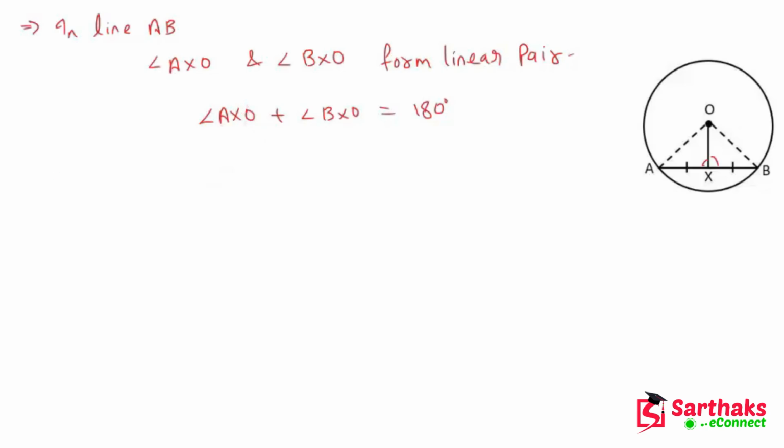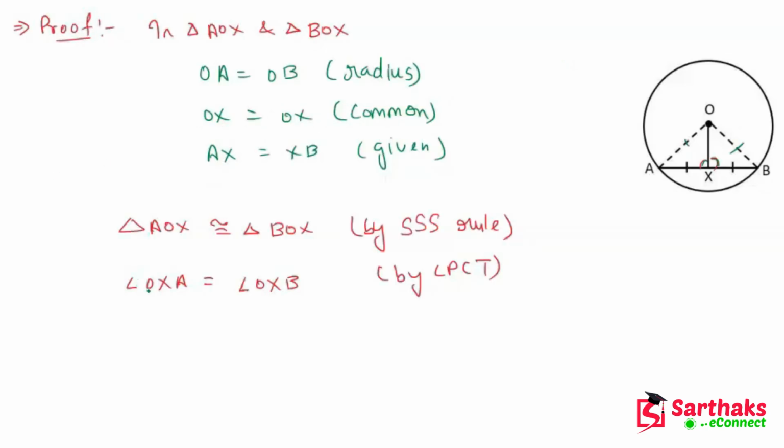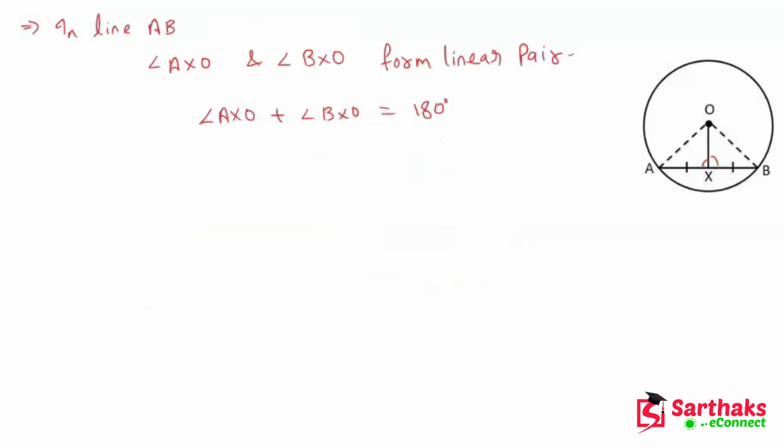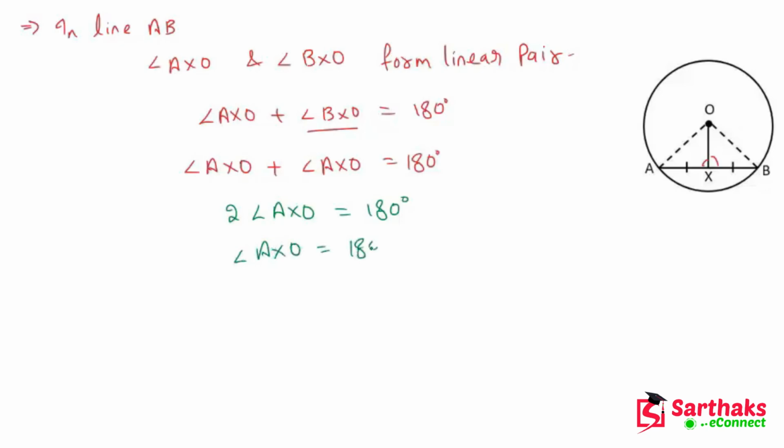And we know that these two angles are equal, so we can write angle AXO in the place of angle BXO. So angle AXO plus angle AXO is equal to 180 degrees. Now this becomes twice angle AXO is equal to 180 degrees. So angle AXO is equal to 180 divided by 2, which is 90 degrees.